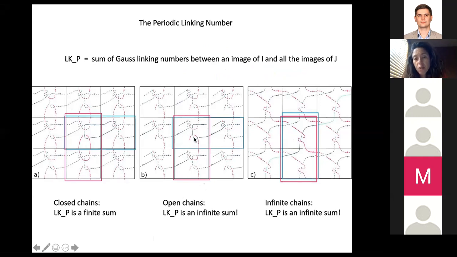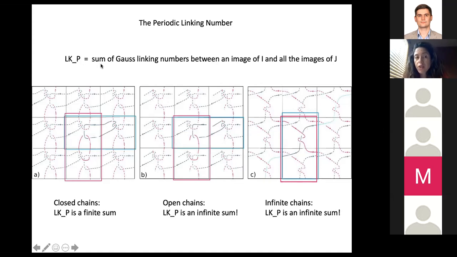So if we have open curves, then we have this blue curve. It is in a different relative position with this red curve than what it is with this red curve and that red curve, and actually with any red curve. So that means it will have a different linking number with each one.